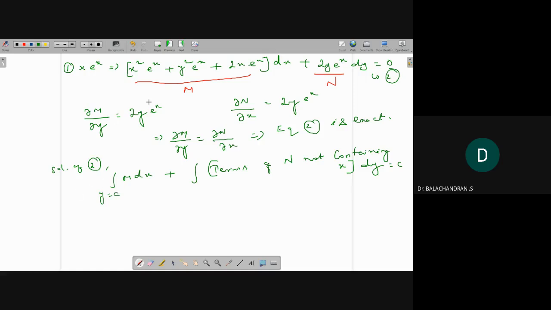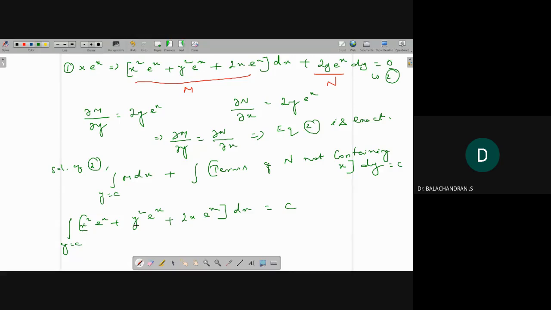So here this is M. So integral, treating y as a constant, of (x² e^x plus y² e^x plus 2x e^x) dx. Terms of M not containing x: nothing, so that is just 0, or you can leave it. It is equal to c. Now we should integrate with respect to x.